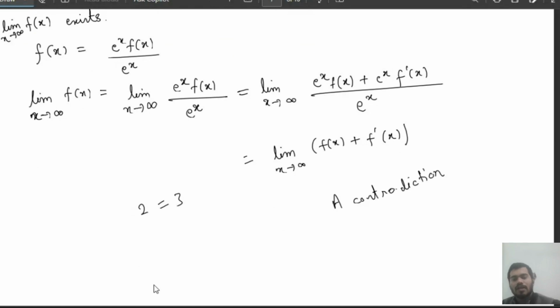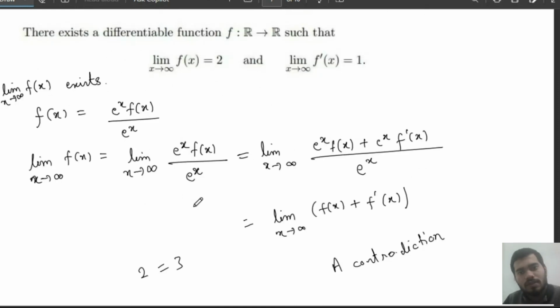And actually the theorem, or that problem, let me write here.